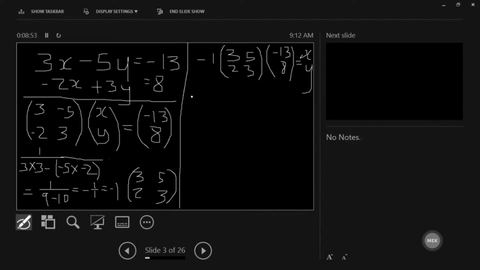I prefer to leave the 1 over the determinant and work these two first, because many times you end up with a fraction as 1 over the determinant, and it's easier to work with the whole numbers first and then the fraction. It's a -1 now, but usually from experience 1 over the determinant is a fraction. So I'm going to multiply out these two.